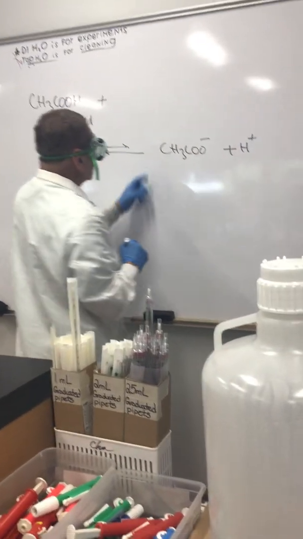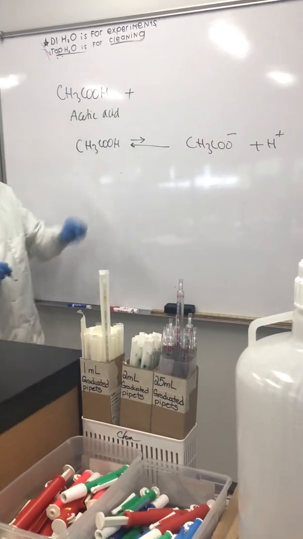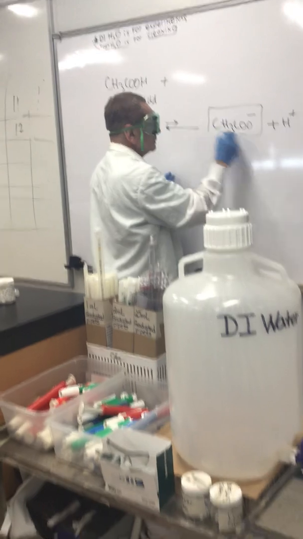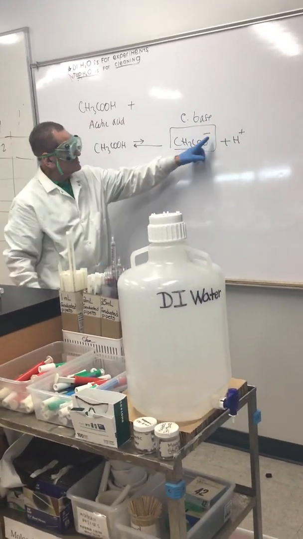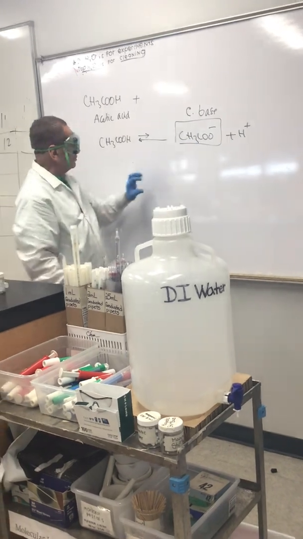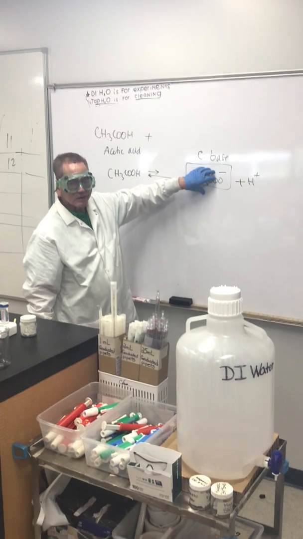So the dissociation is so small, and therefore you get now this part here is the conjugate base. What's a base? Base accepts proton. This is negative, it can accept proton. So therefore, each weak acid has a conjugate base.